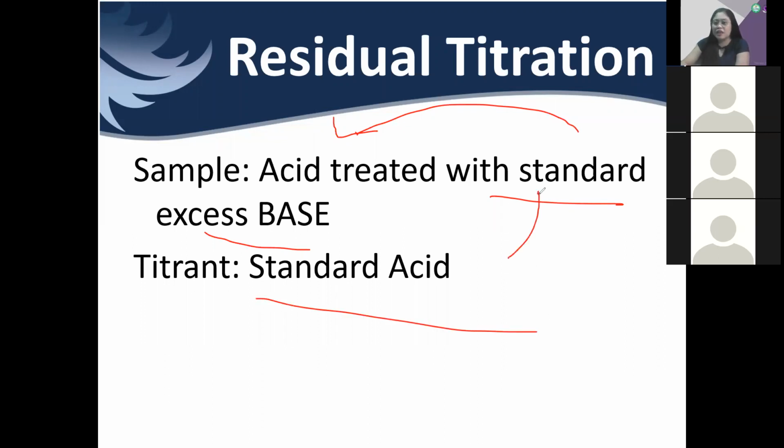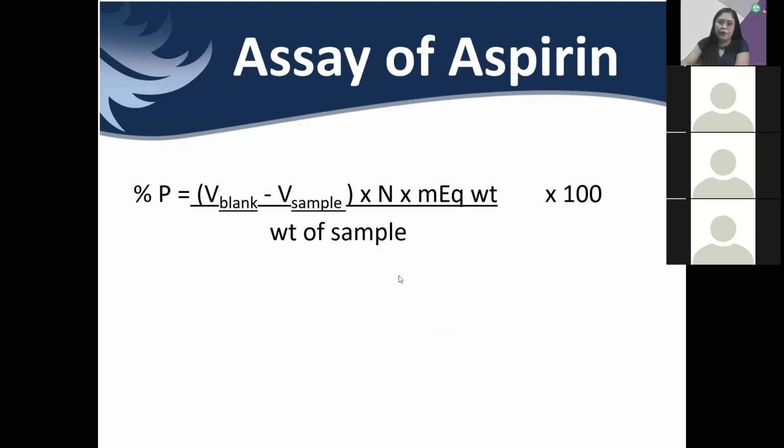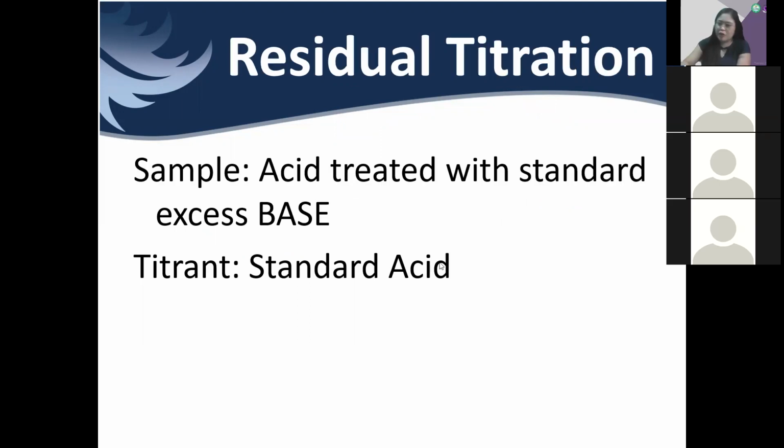Gagamitin siya to titrate the excess na base na inadd doon sa ating sample. Okay? So, meron tayong formula last time, di ba, sa acidimetry. Percent purity is equal to N1 times V1.